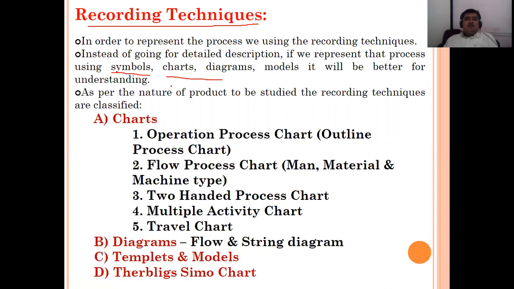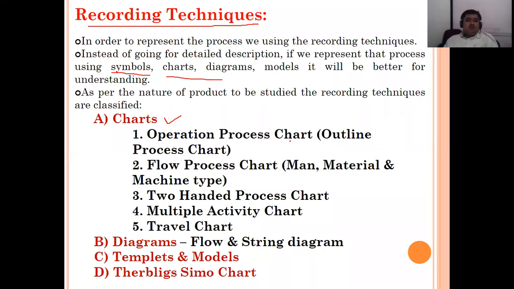Then by using these symbols, chart diagrams, how the different charts are used. As per the nature of the product to be studied, recording techniques are classified. First one is based on the chart. Different charts we are using, like operation process chart, another name outline process chart, OPC.